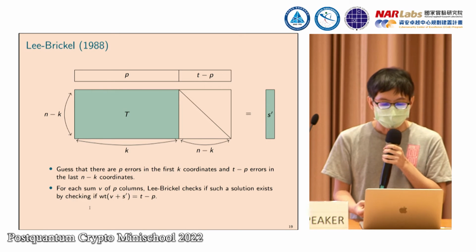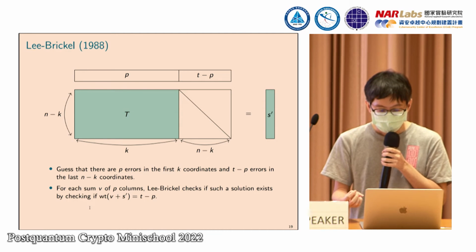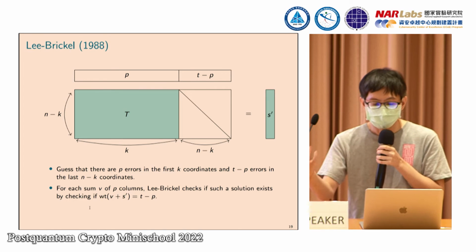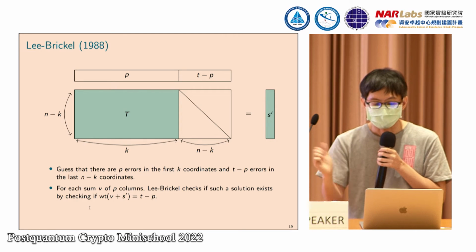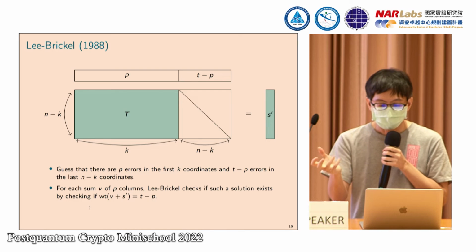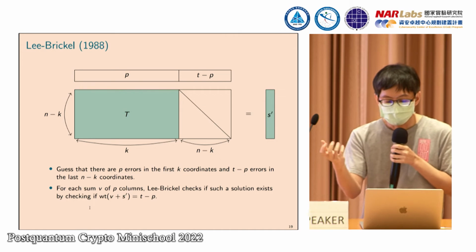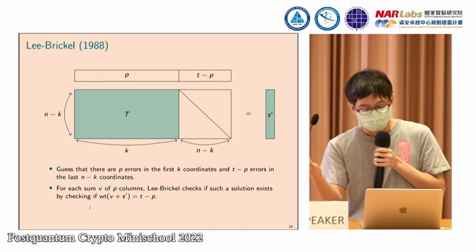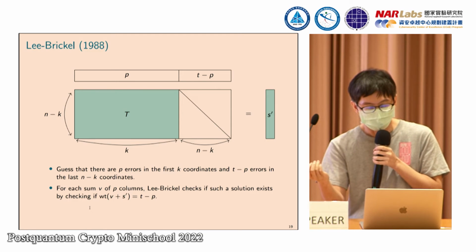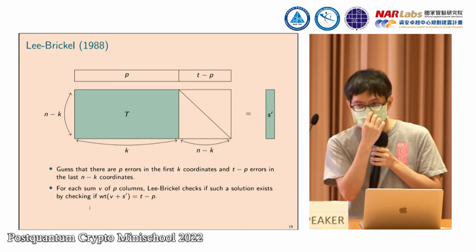And what we have to do in each iteration is that we will enumerate through all the sums of p columns of H prime. And then for each sum in this set, let's call this sum V, we will try to check if the weight of V plus S prime is going to be t minus p.